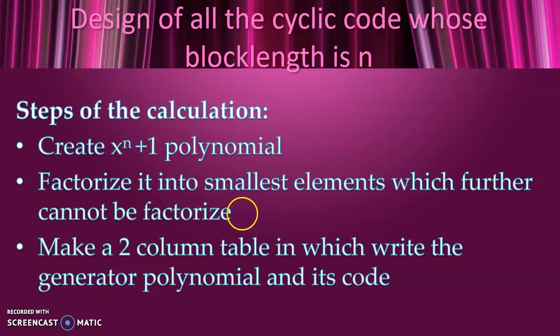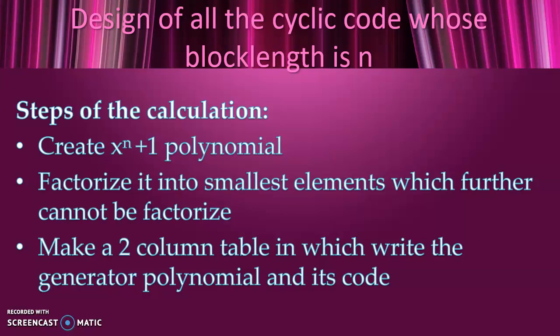Then make a table with 2 columns, and all these smallest elements are placed in the first column of the table, and each will be the generator polynomial for a subsequent code. So from the generator polynomial, we can easily calculate the code. That means the highest degree of a generator polynomial represents the n minus k form.